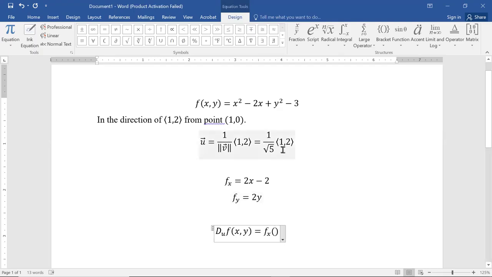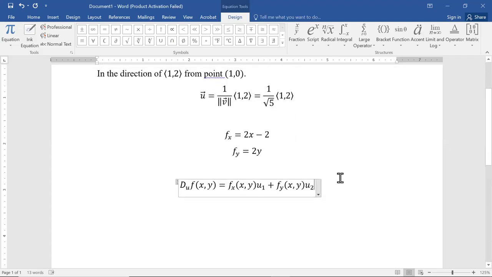Actually, let me write the most general version first. So f sub x at whatever point we're at times u1 plus f sub y at whatever point we're at times u2.